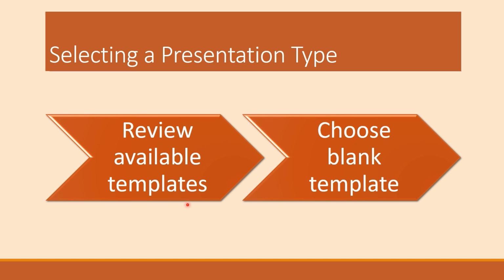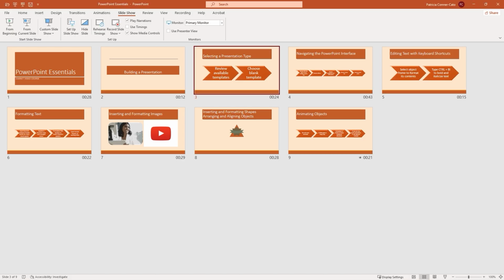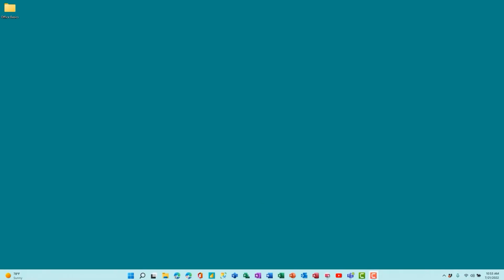So I'm going to press escape to get out of this slideshow, and we're going to save our presentation again. By the way, Control S W works in here as well. If you want to save and close the presentation, I'm going to do Control S W, and it saved and closed the presentation.